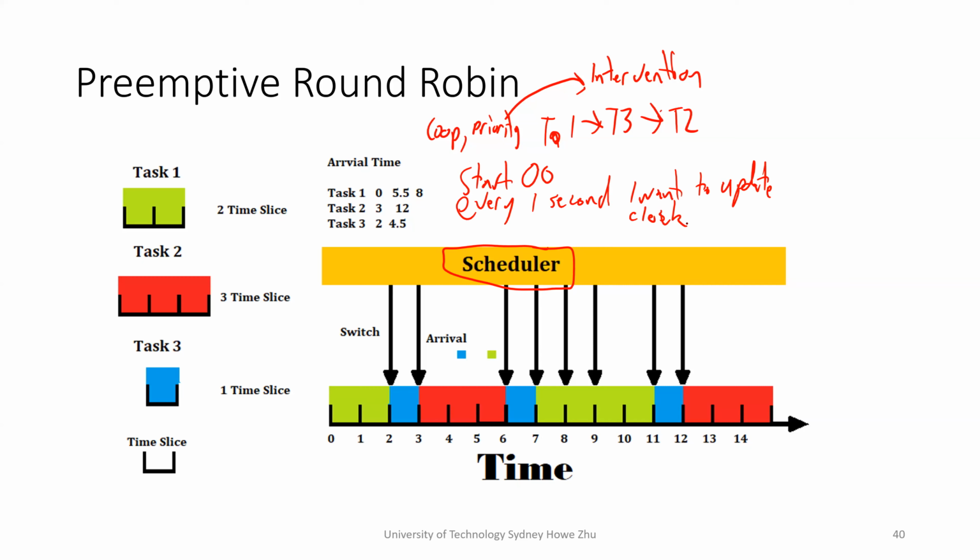So I know that every 1 second, at 0, 1, 2, I need to update the clock. So the system knows that at this time point, I always need to update the clock. The system will have a global clock, and this global clock will have a schedule of every time that this thing needs an update. So the arrival time for the clock would be every 1 second.